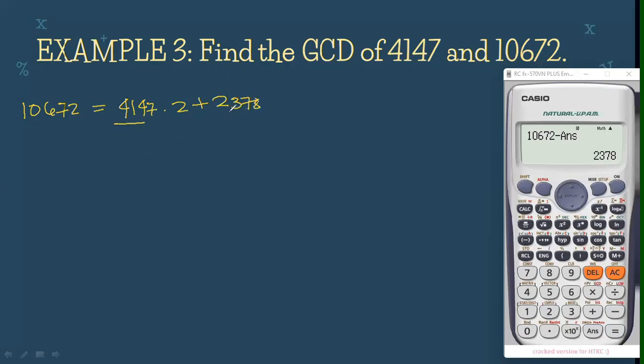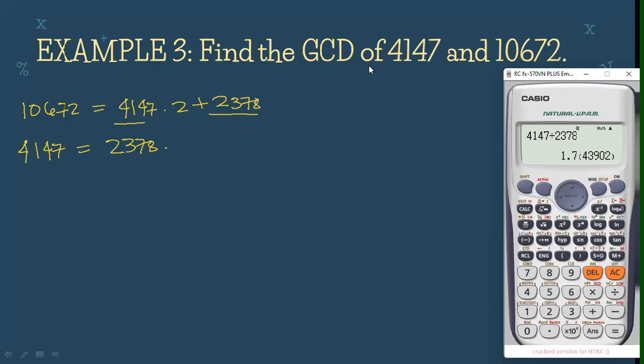Now, ito na po yung gagamitin natin na dalawang magkasunuran. So, we have 4,147 is equal to 2,378 times. So, balik po ulit tayo sa ating calculator. We have 4,147 divided by 2,378. That will give us 1.